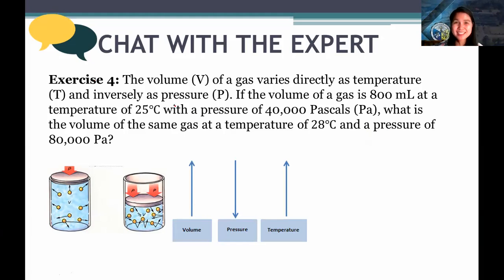Ready? In the chat box. Okay, very good. We have here V equals KT over P.